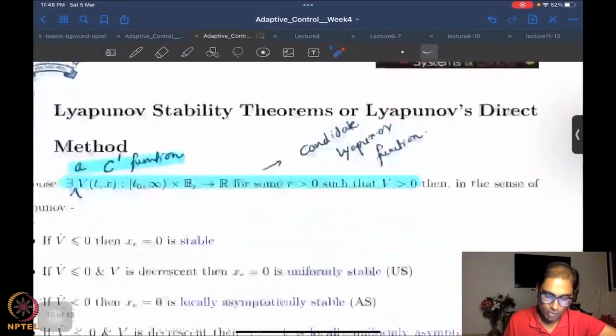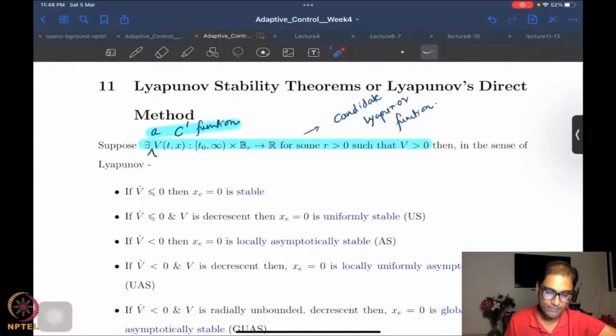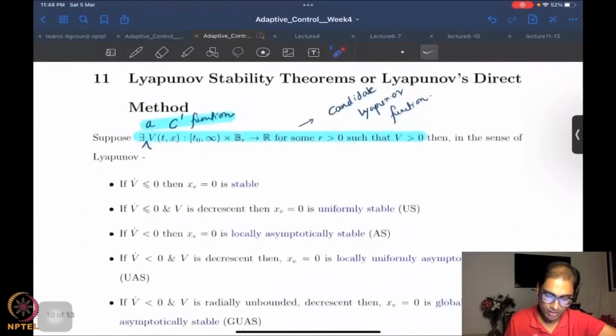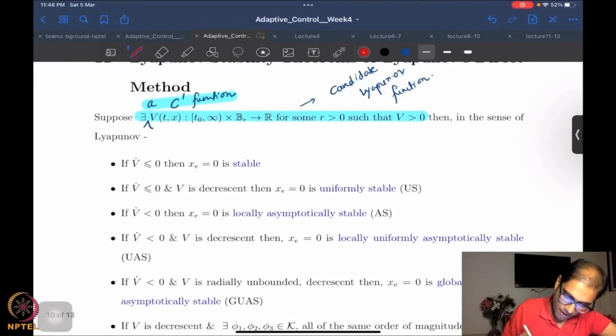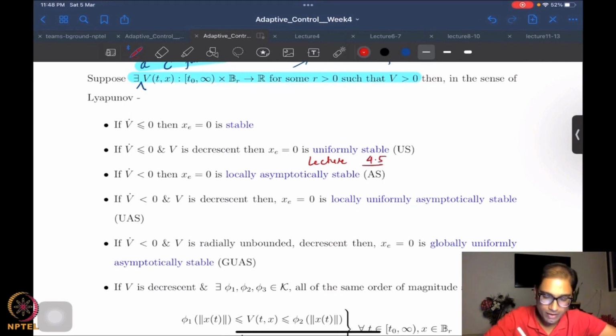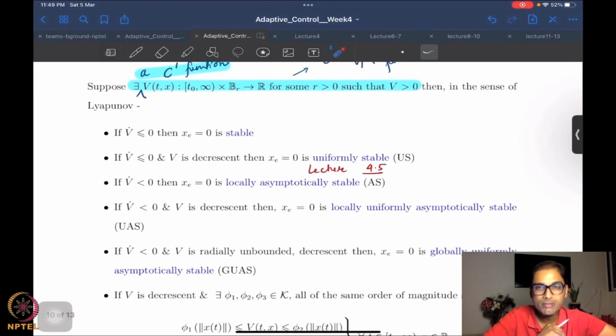So now we can move forward to the next results. I should write here lecture 4.5. The next result talks about local asymptotic stability, or just asymptotic stability.